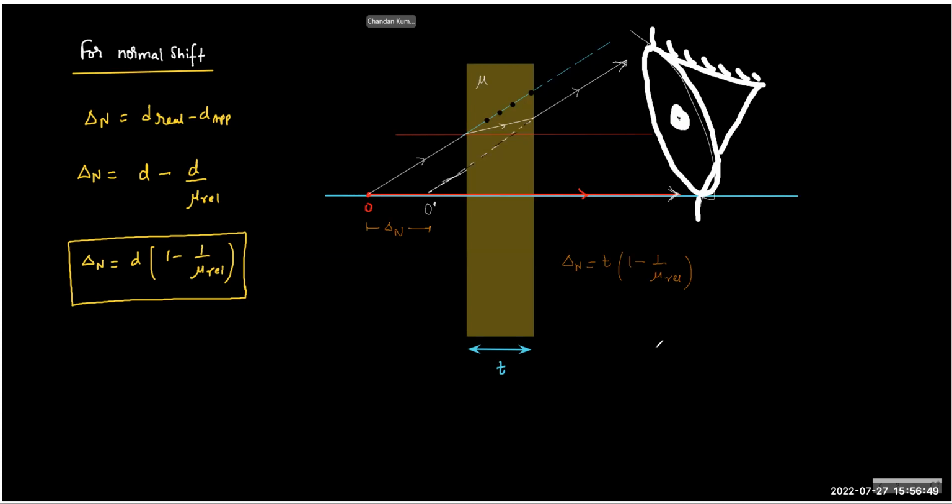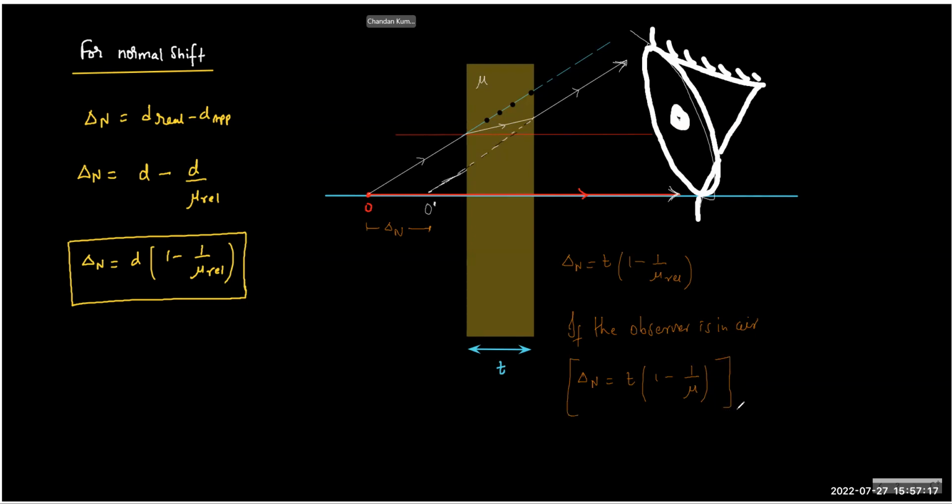For air, if the observer is in air, the delta n will be the mu of the slab only. And this formula is something that we use quite often.